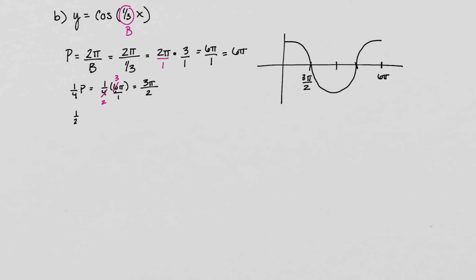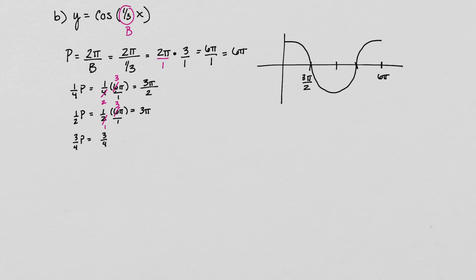We can look at a half p. So 1/2 times 6 pi, so again, 6 pi over 1. 2 goes into 2 one time. 2 goes into 6 3 times. So this is going to be 3 pi. 3/4 p.